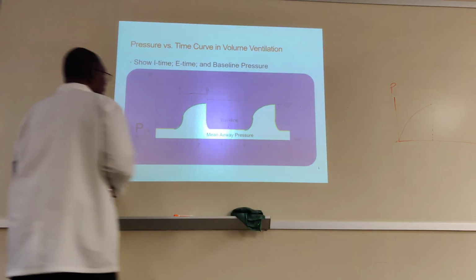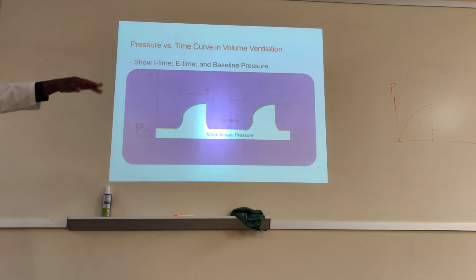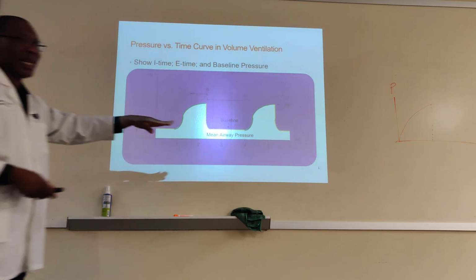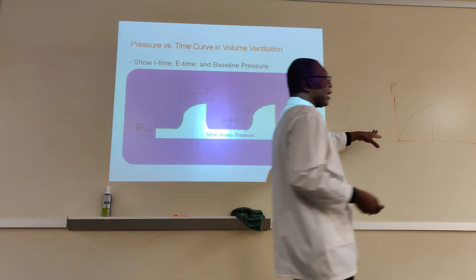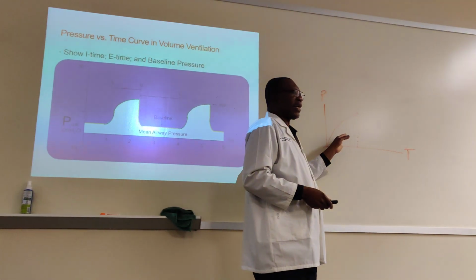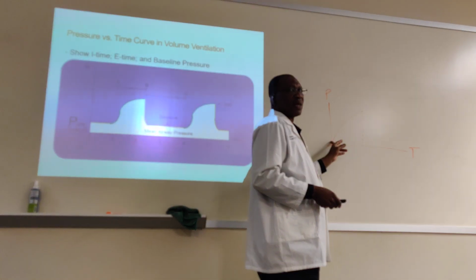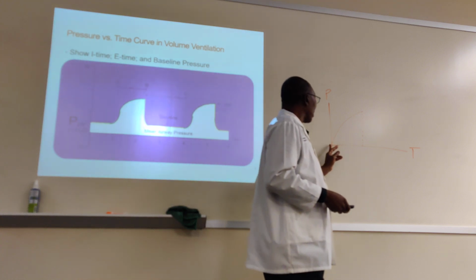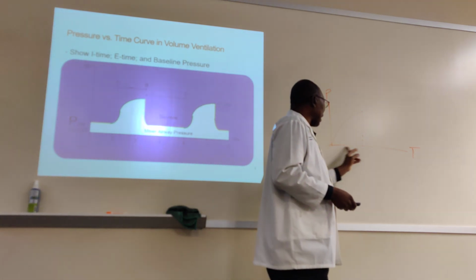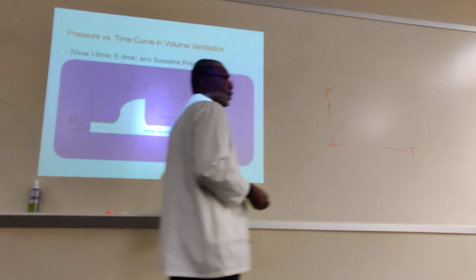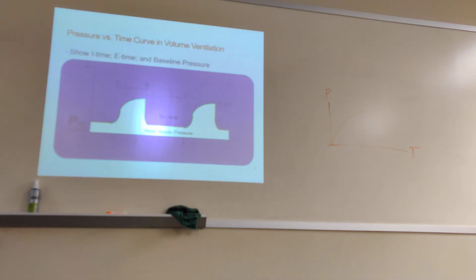So that's what you're looking at. In every volume controlled mode, the pressure time curve should look like this: SIMV VC, AC VC. Pressure will rise like that as the time increases to get to your peak.